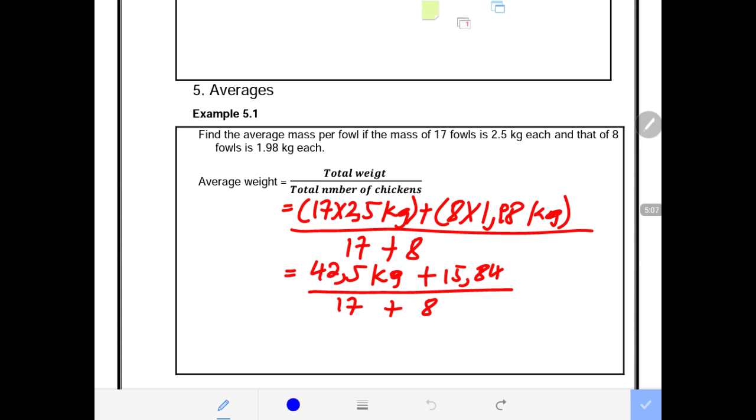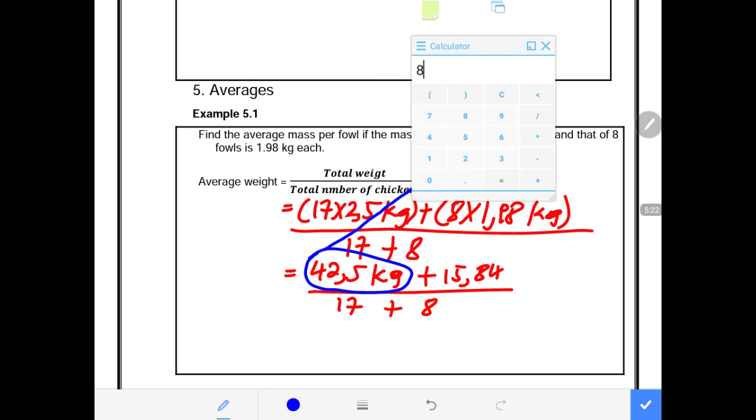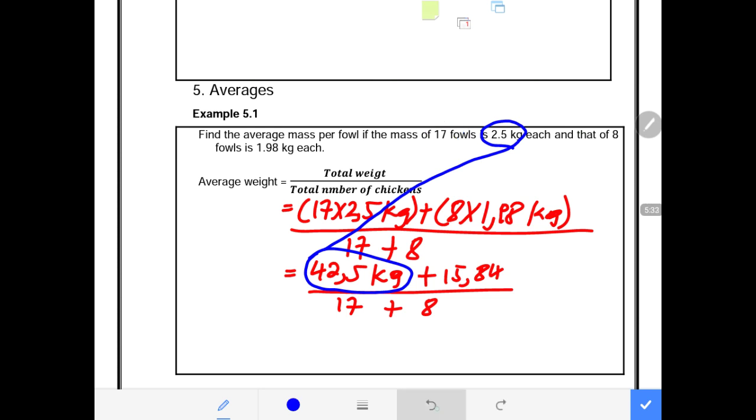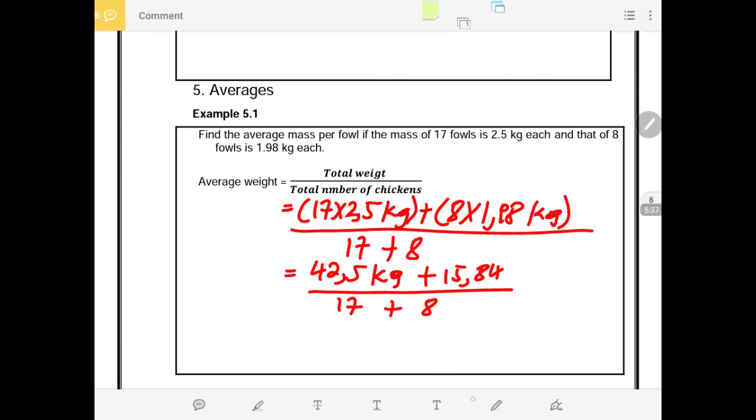And again, for this one, you can be given the total kgs, and after being given the total kg, they tell you that the weight for each of the fowl that we don't know was 2.5, and you need to calculate the 17 fowls, which again will be the total 42.5 divided by 2.5. That will give you 17 fowls. So that's what I want to bring across to your mind at this point in time.